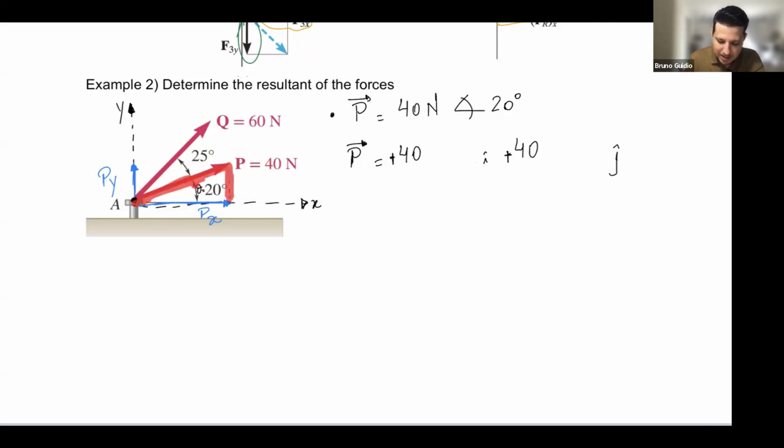This is the sine. Sine of 20 is going to be this one over that one. And when I'm talking about this direction here, this length, what does this represent? Py. So for this case, Py is going to be the sine. Oh, sorry, Py is going to be sine.